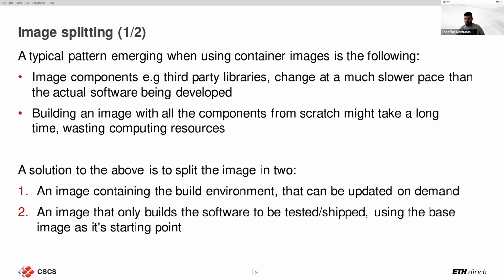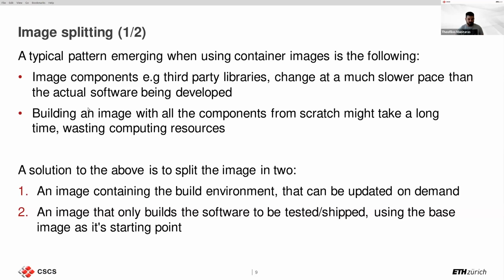So you push a small change to your source code, and you don't want to build the whole image from scratch again, building the dependent libraries and then building your own software and testing whether your change works or not.